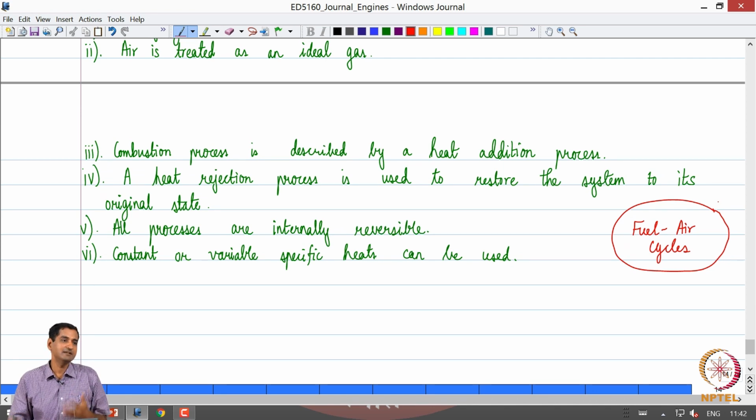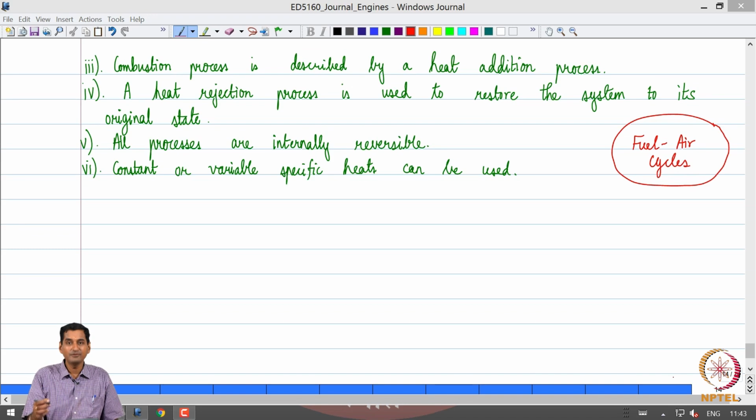Obviously, as we know, in air standard cycles we can't account for the presence of fuel. So, we would not be able to study the impact of the fuel air ratio or the characteristics of the fuel air mixture on engine performance. So, that is a limitation. But anyway we will see what we can learn and in what respect we can use the air standard cycle.